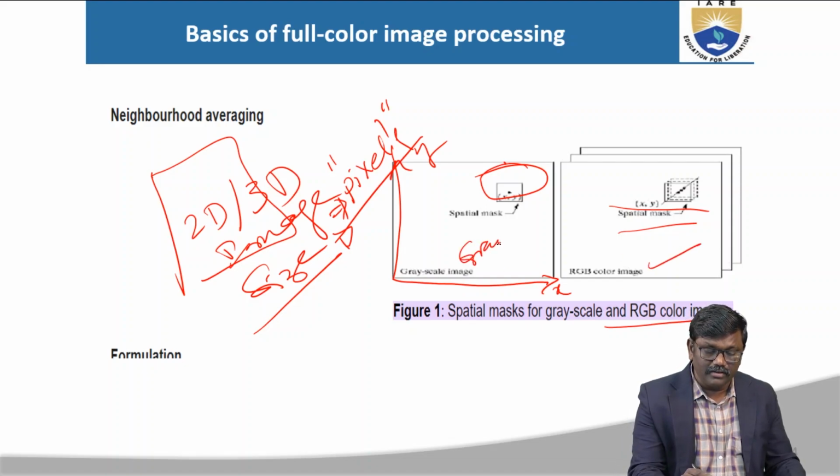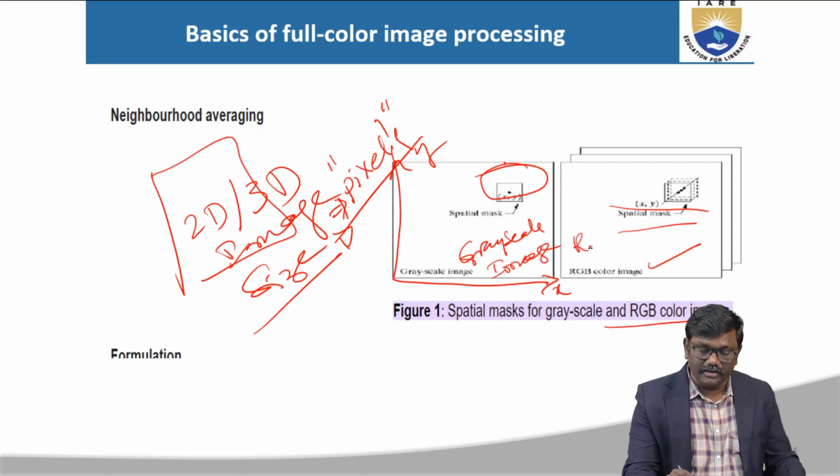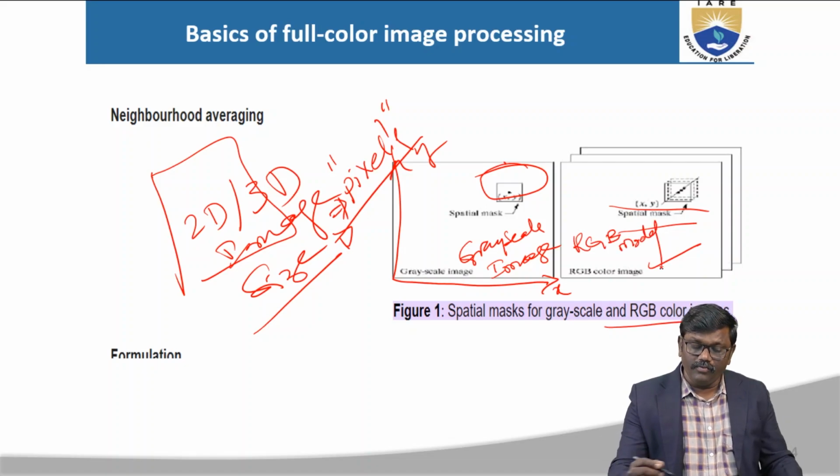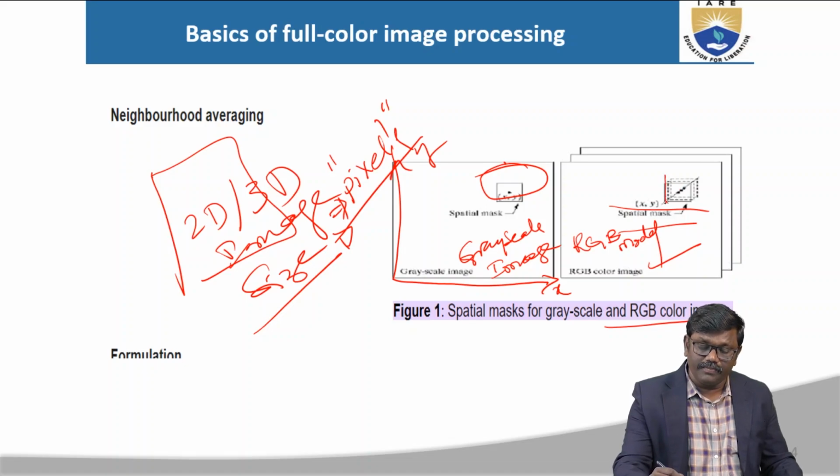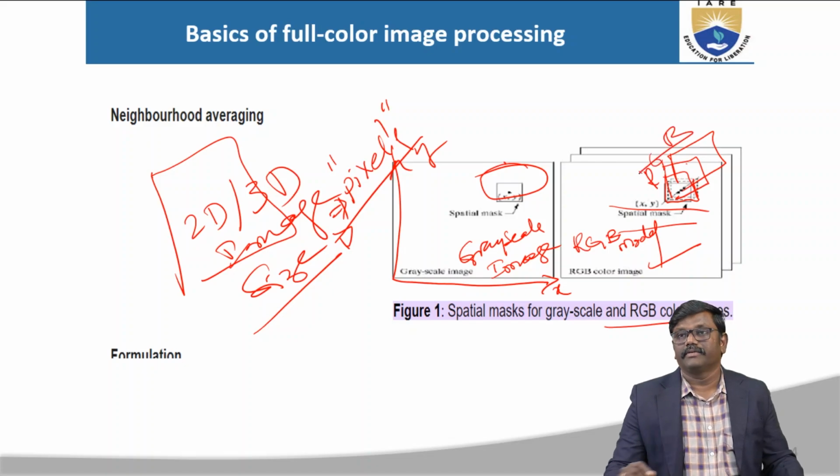This is your grayscale image. Okay, this is your RGB model of the color. So how are you going to keep it? You are going to keep changes in terms of your required color, that is RGB colors.